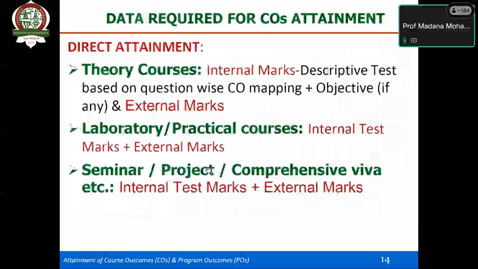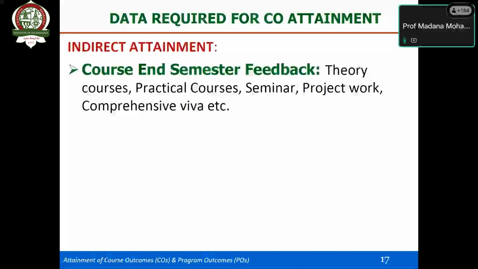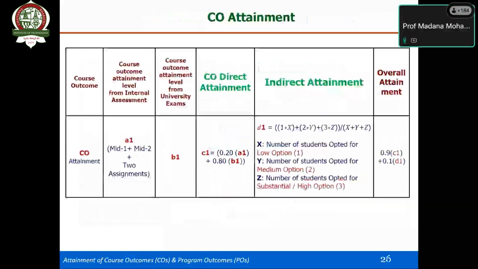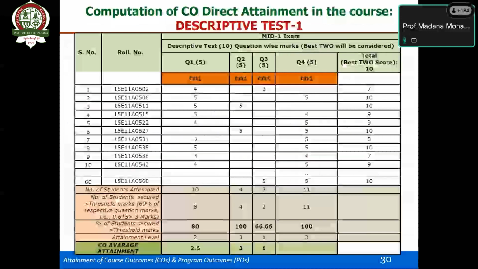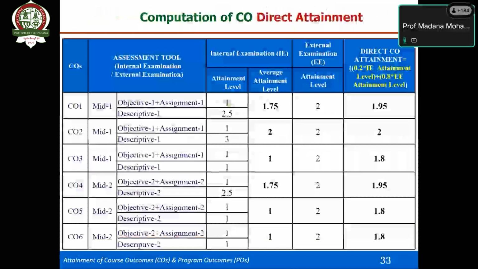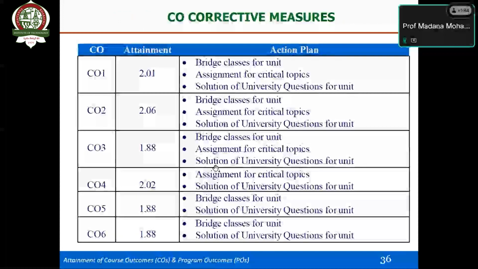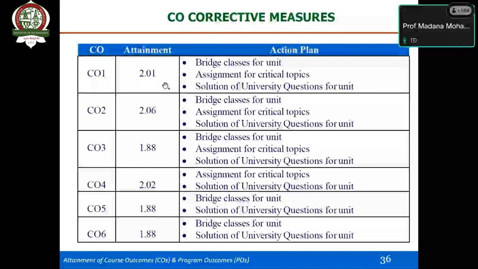Your 100% target is level 3, but here we didn't attain level 3. Then whatever level you attain, how to improve that level further? For that you have to propose an action plan or action taken. For example, CO1 attainment value is 2.01, but this is not 100%. 100% is 3.